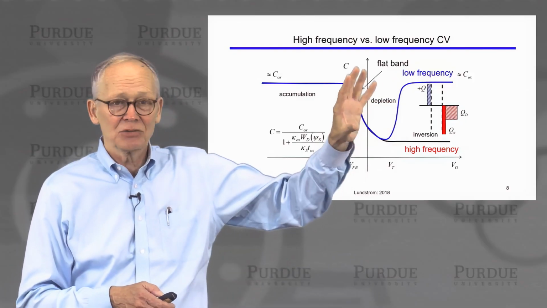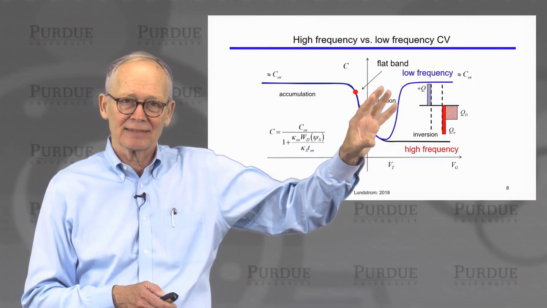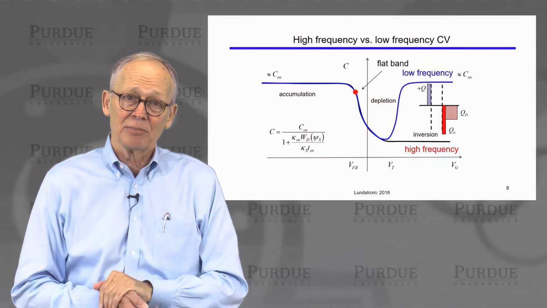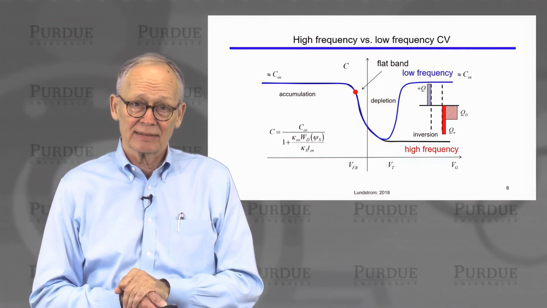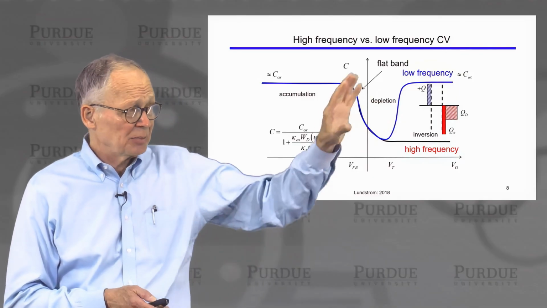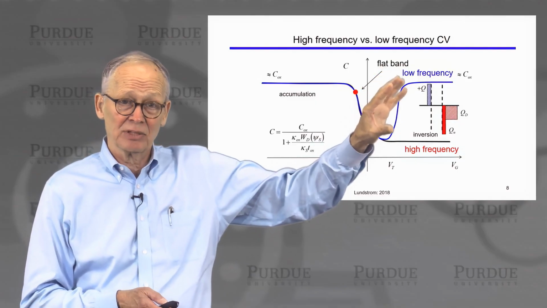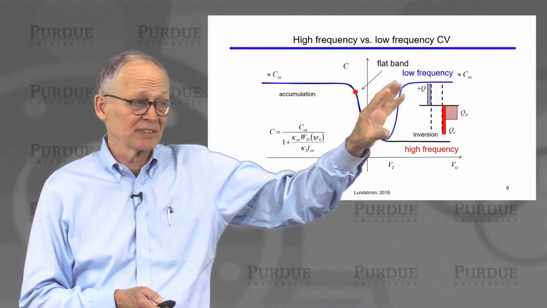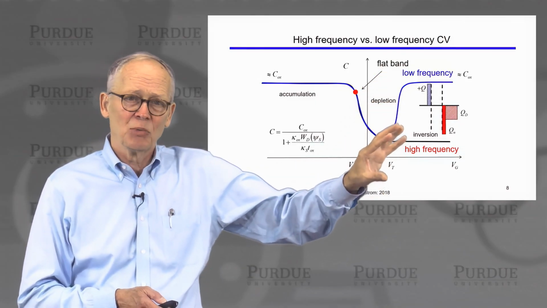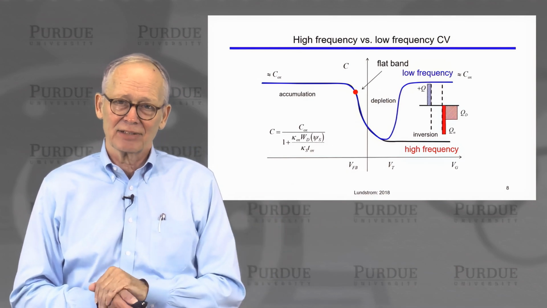So I would see a dramatically different capacitance in the inversion region if I measured the CV capacitance at a low enough frequency. Typically one has to be very careful to get low enough frequencies to observe this characteristic, and you would more easily measure the high frequency characteristic.